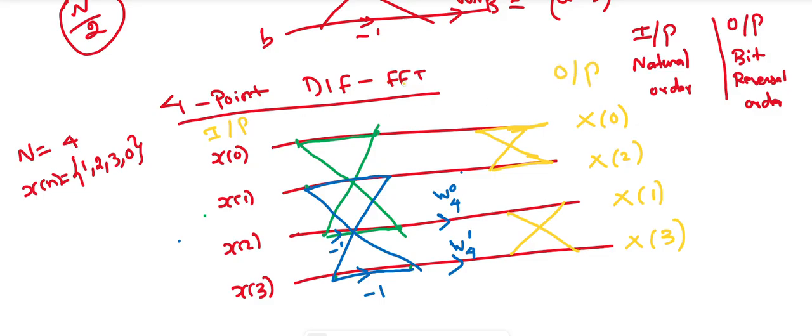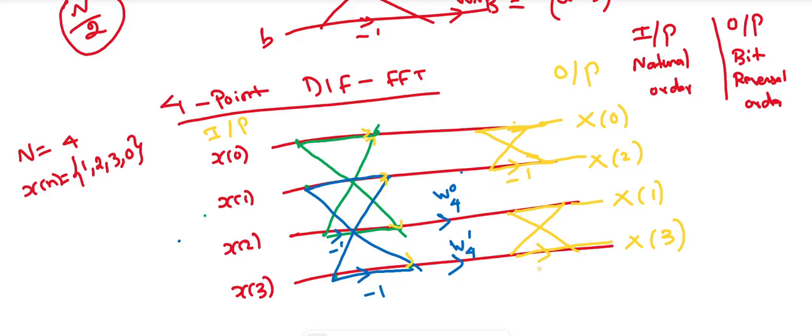This is the decimation in frequency FFT algorithm, radix 2. So the arrow marks should be proper. All the lower wings should be -1.